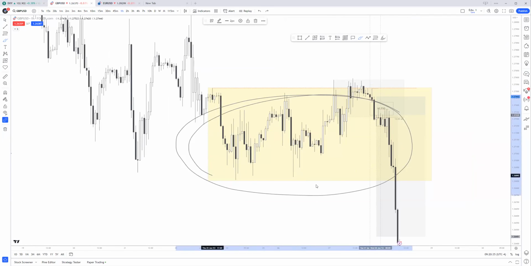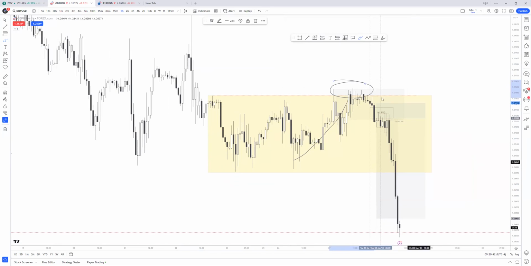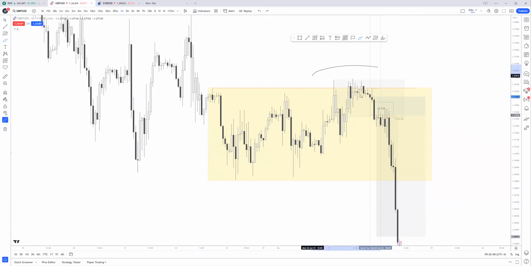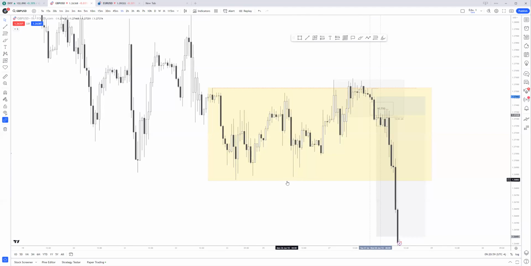Manipulation of price means pushing price outside of this range into the area of liquidity, opposite of the intended direction, right? So raiding stops. This fills orders. Raiding stops opposite of the intended direction. So we have accumulation. Let's do this.